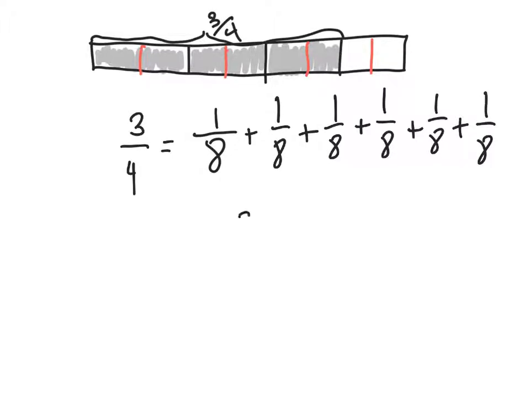So what is really 3/4 equal to? If we add all of this up, 3/4 would equal 6/8. And that would be called an equivalent fraction. And if we check back at our tape diagram, we would see 1, 2, 3, 4, 5, 6 are shaded in.